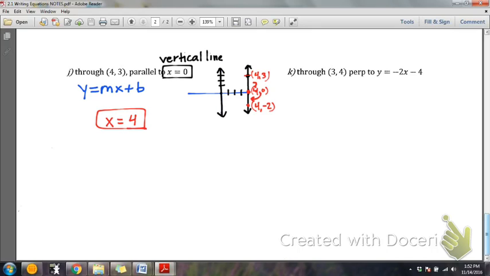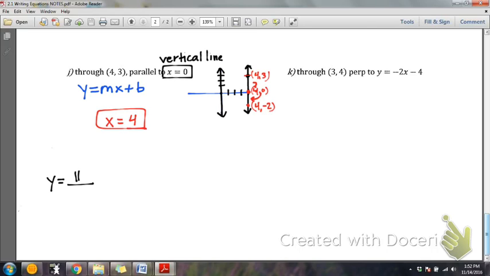Because if I'm going to draw a vertical line that's parallel, it also is x equals something. So a vertical line is not y equals mx plus b. Does anybody remember what a horizontal line is? What's the equation for a horizontal line? Y equals something, right? So let's make ourselves a note down at the bottom because you're going to need this.